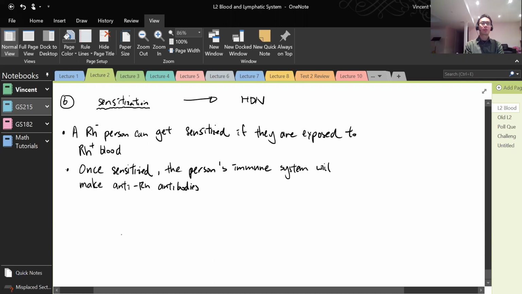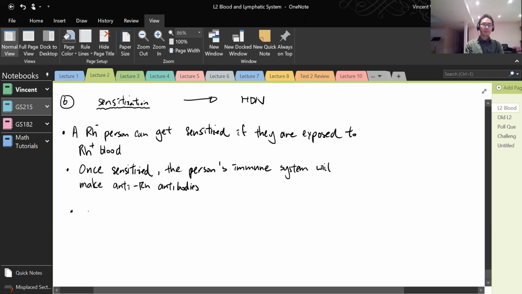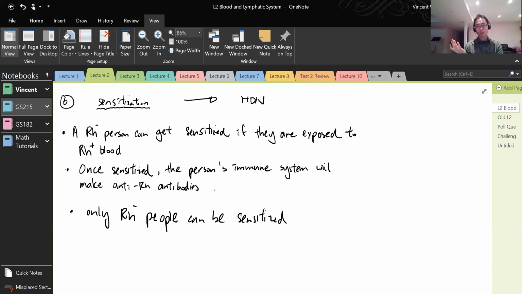Who has the potential to make the RH antibodies? Only RH negative people can be sensitized. Only they can make the antibodies. If you are positive and you make anti-RH antibodies, you will end up attacking yourself, and that's not a good thing.